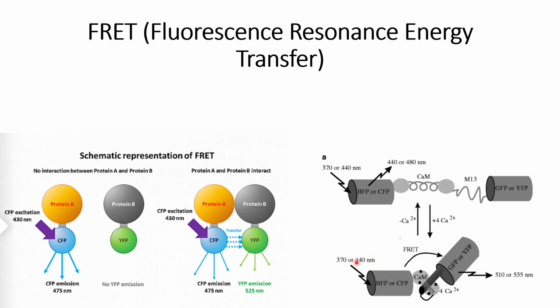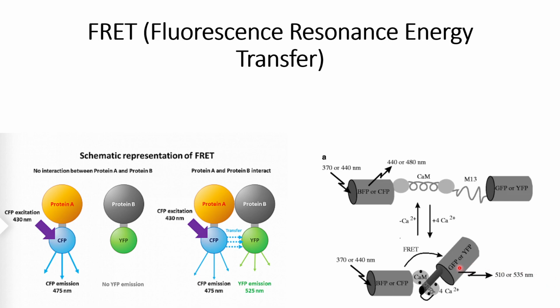So in this case, when we provide the excitation wavelength of 370 or 440 nanometer, instead of emitting at 480 nanometer, that 480 nanometer light will be used to excite this YFP, and we will get the final signals at 510 or 535 nanometers.